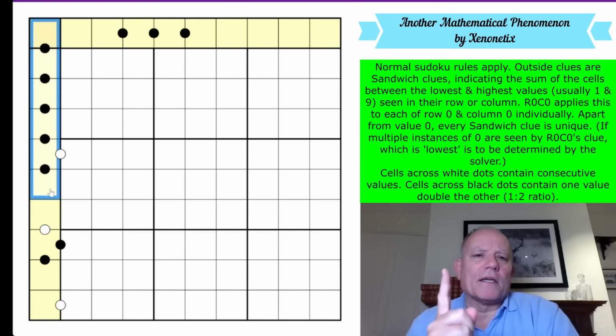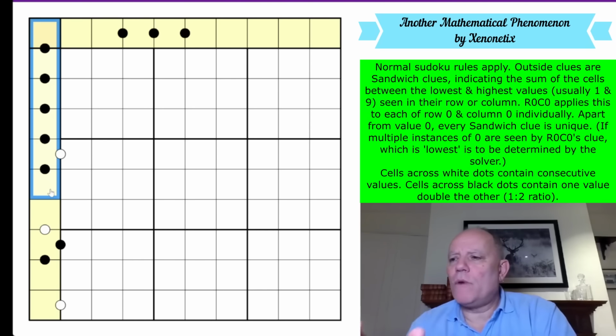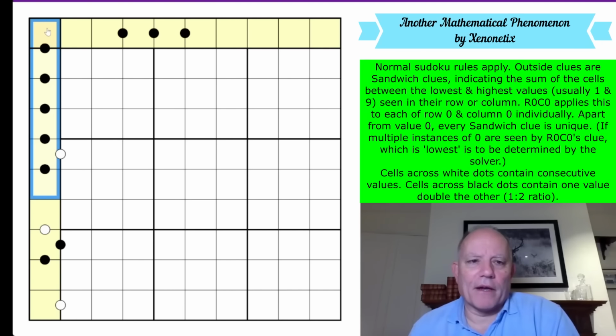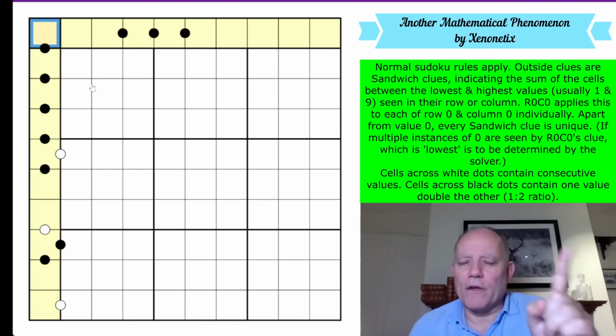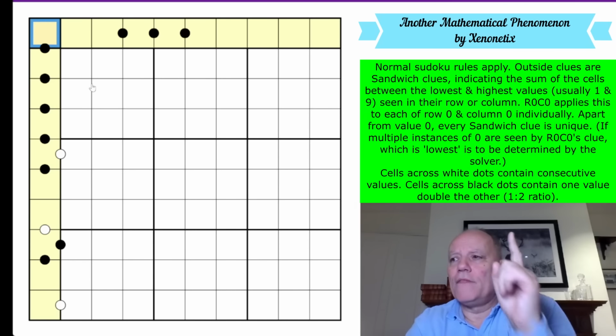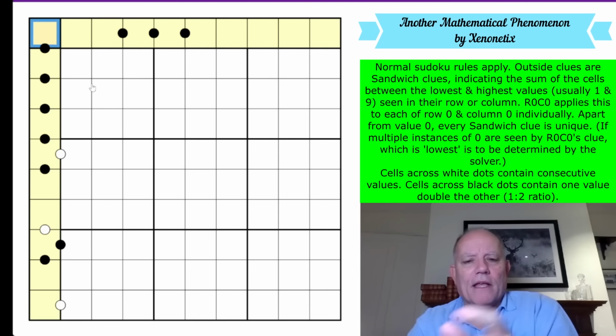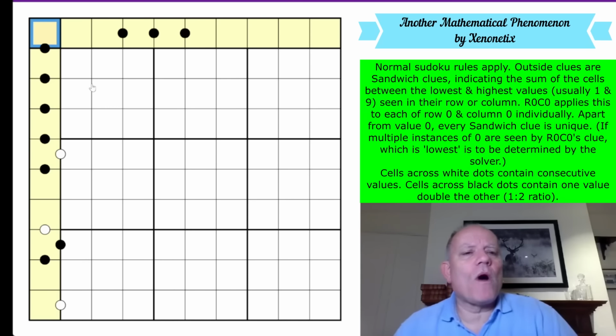The number 1 cannot be a sandwich clue ever, because in the regular 9 by 9 grid, if you were to sandwich something adding up to 1 between the 1 and the 9, it would be another 1, and that would break Sudoku rules. So you can't have a 1.